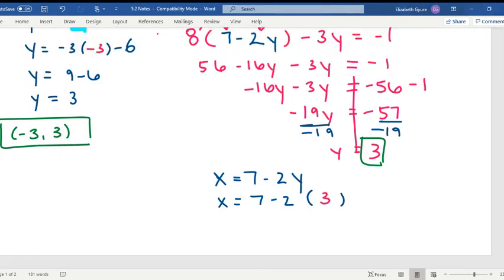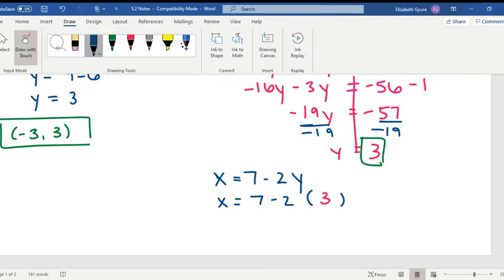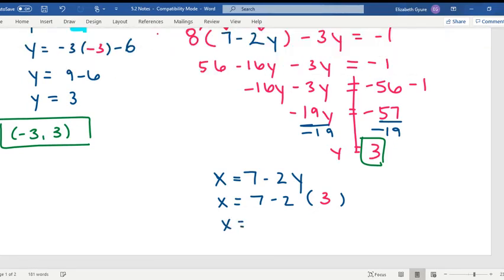And now, can't I just simplify? Yeah, use your order of operations. What would we do first? Would we do 7 minus 2 or 2 times 3? 2 times 3. So 7 minus 2 times 3 is 6. And 7 minus 6 is 1.